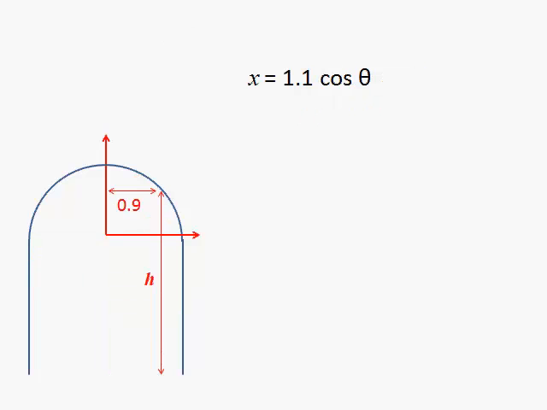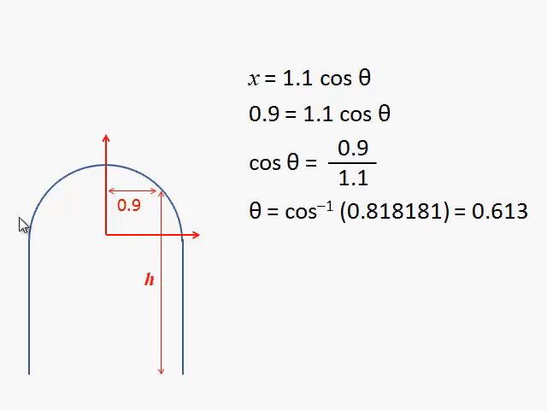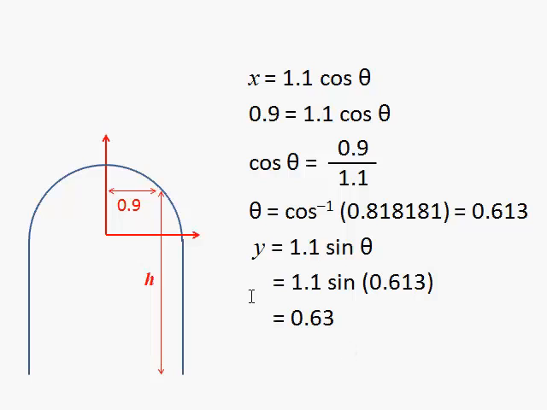So solving now becomes much easier because our problem is that we have 0.9 from the center is our x value, and we can find the theta, and note that the theta isn't necessarily the same theta as we found in the other version, and we put that back into our y, and that yields us that our y value is 0.63.